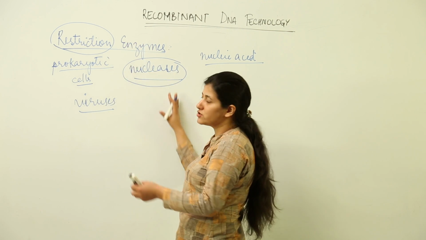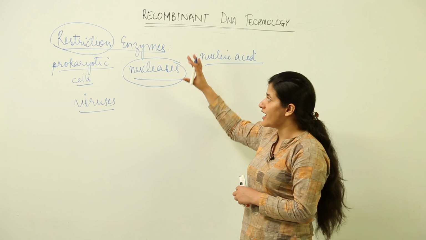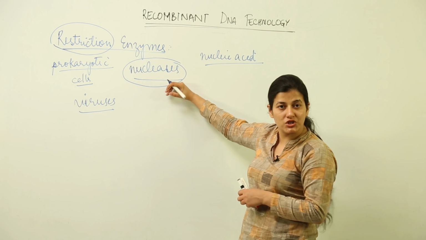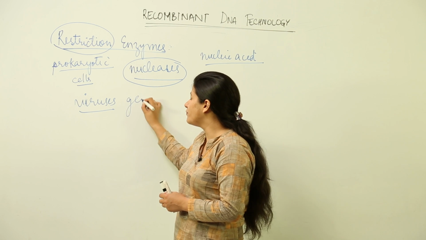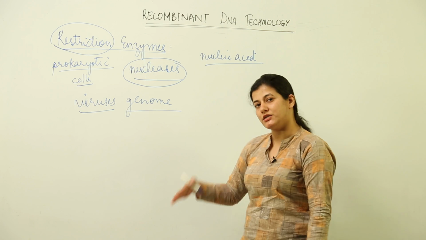So it is a sort of defense mechanism that is found in prokaryotic cells. The bacteria has a defense mechanism which has restriction enzymes, which are nothing but the nucleases which cut the viral genome. And once the viral genome has been cut, it is not going to infect.